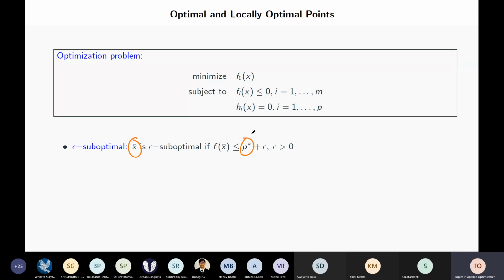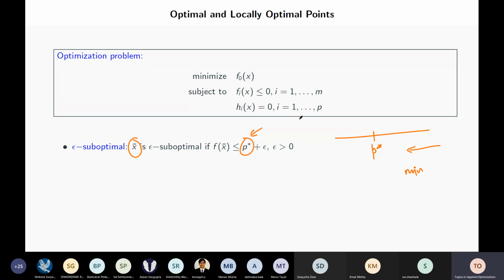I know the optimal value is P star, and if I can find an X bar which is within epsilon distance from P star, and remember we are in a minimization problem, so I am always going down toward P star, and at worst I will stop somewhere here.